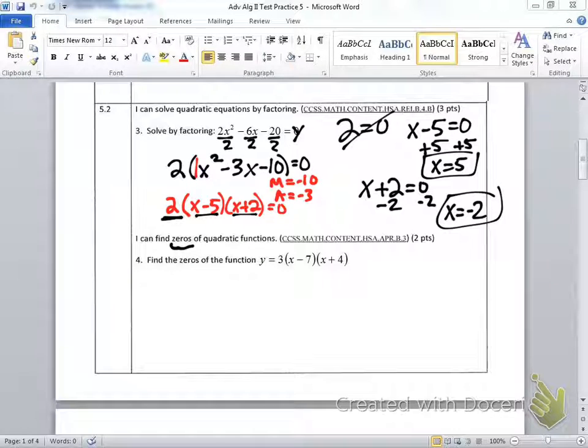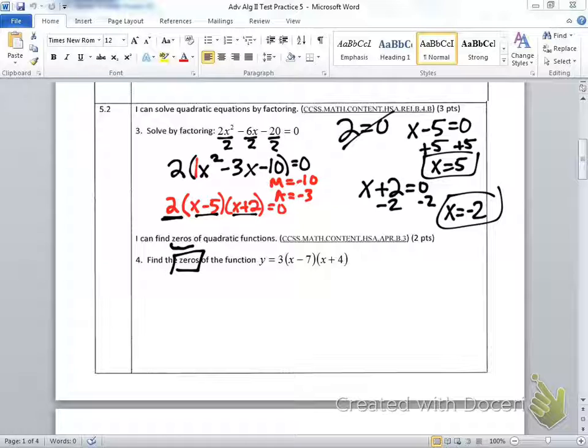All you'd have to do is replace that with a y. So if you think of it as a y and you're actually graphing it, those are the places where it touches the x-axis. If it's already set equal to 0, we typically don't really think of the graph, but you still can. And the reason I bring that up is on the next one, there's a y, and we're supposed to find the zeros.